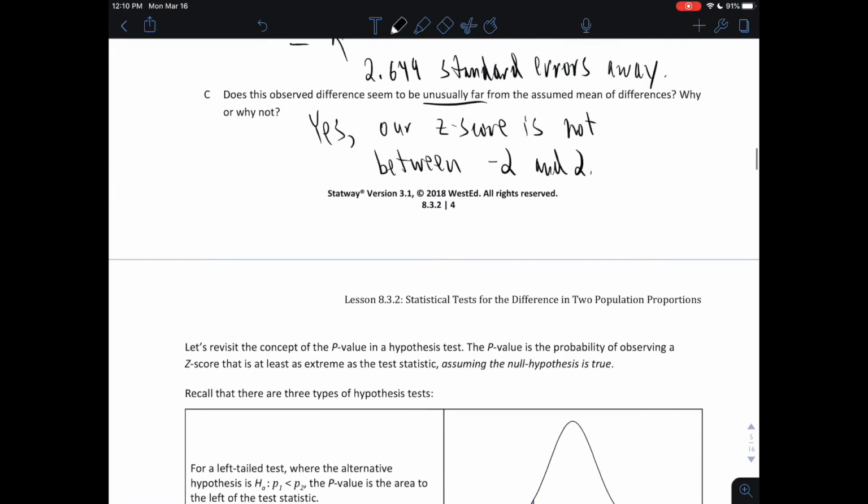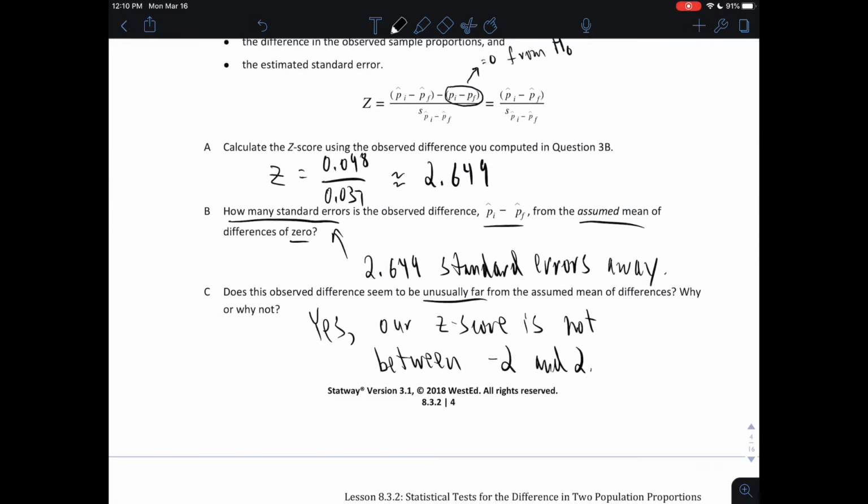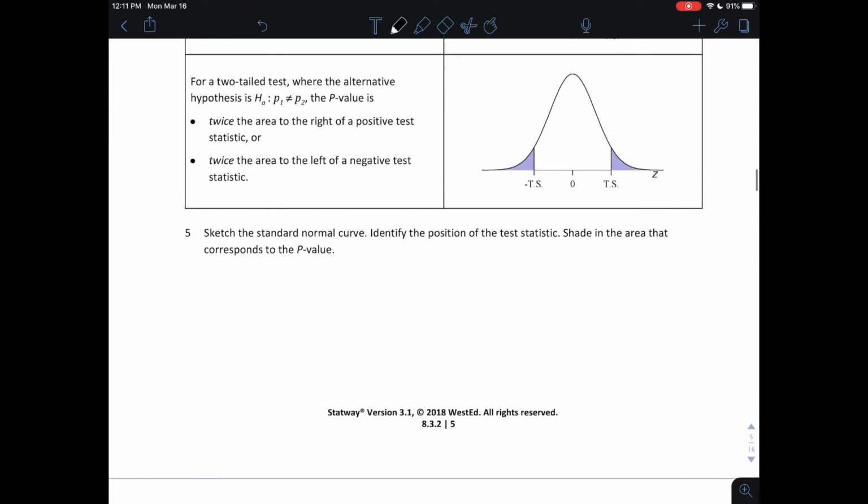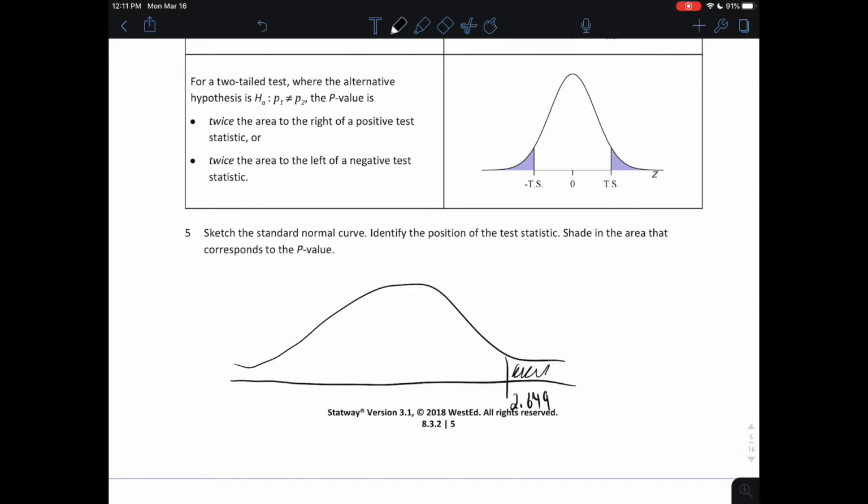For our purposes, our test statistic was our z-score 2.649. That's positive. So if we drew something related to this in number 5, we would have our normal distribution. We have a positive test statistic, 2.649. That would give us an area to the right, and if we take that area and multiply it by 2, then we get our p-value.